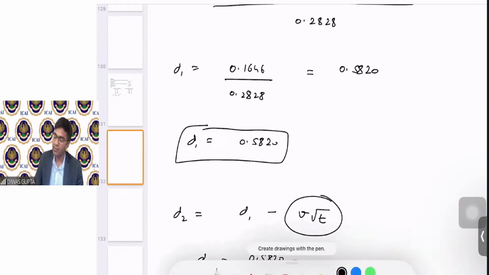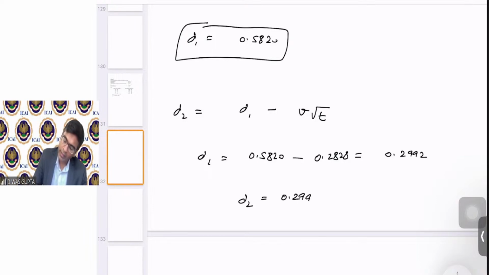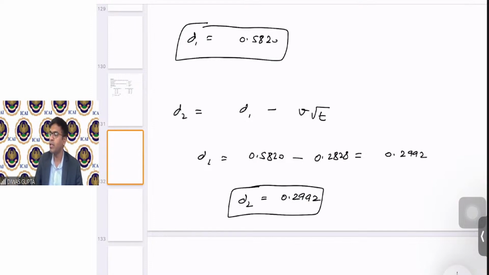So we can just simply use the denominator of D1, which is 0.2828. That gives 0.2992. So D2 is equal to 0.2992. Clear? D2 is also clear. Yes, Mansha, you're right. Tanisha, you're right. Mansha, just check. I think there is a bit of rounding difference.